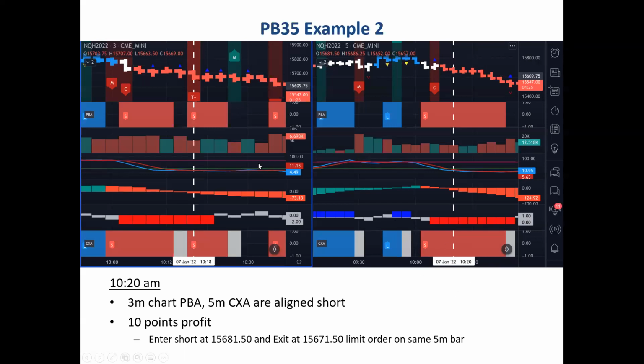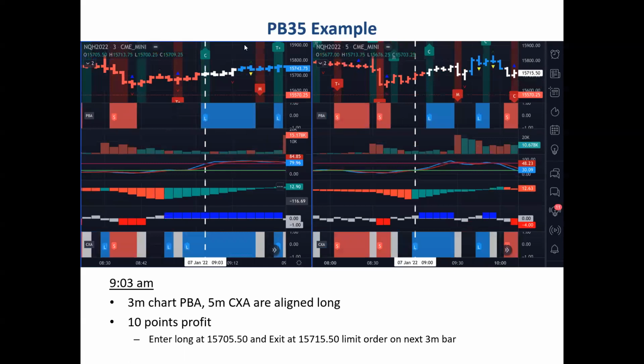This is really a great example, and I want you to maybe replay this section of the training to understand that your prompt to take the trade on a Pb35 can be either triggered from the 3-minute or the 5-minute. In the prior example, the 5-minute was already in place, and it was the 3-minute that was the next open bar to confirm alignment.